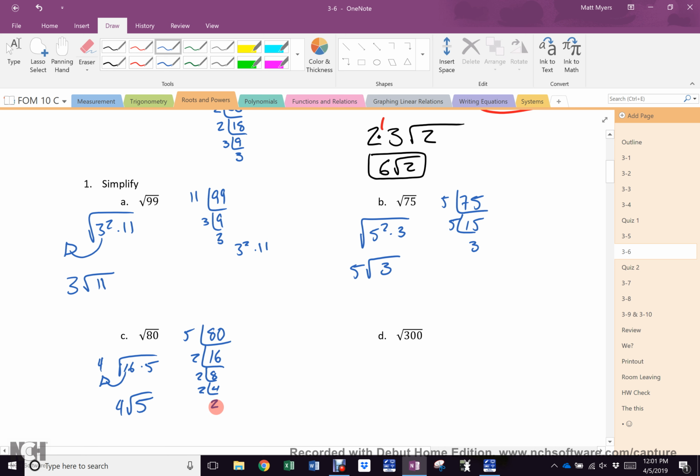Agreed? There's a group of 2, so out would come 2. There's a group of 2, so out would come 2. What's 2 times 2? 4. What did I leave under there? 5. So if you get to a perfect square, you can stop, because you know what's coming out. Everybody good? Okay, so how would we do 300?